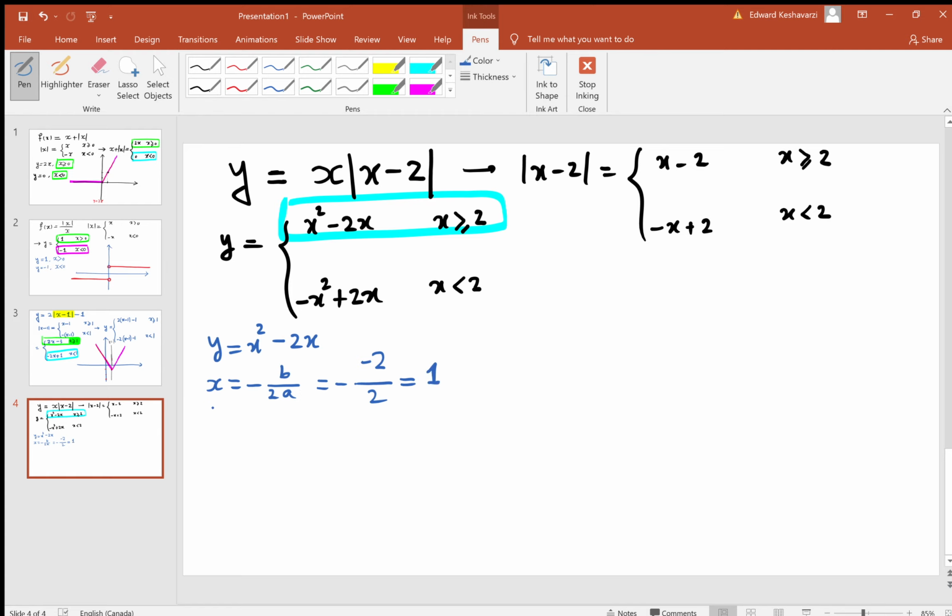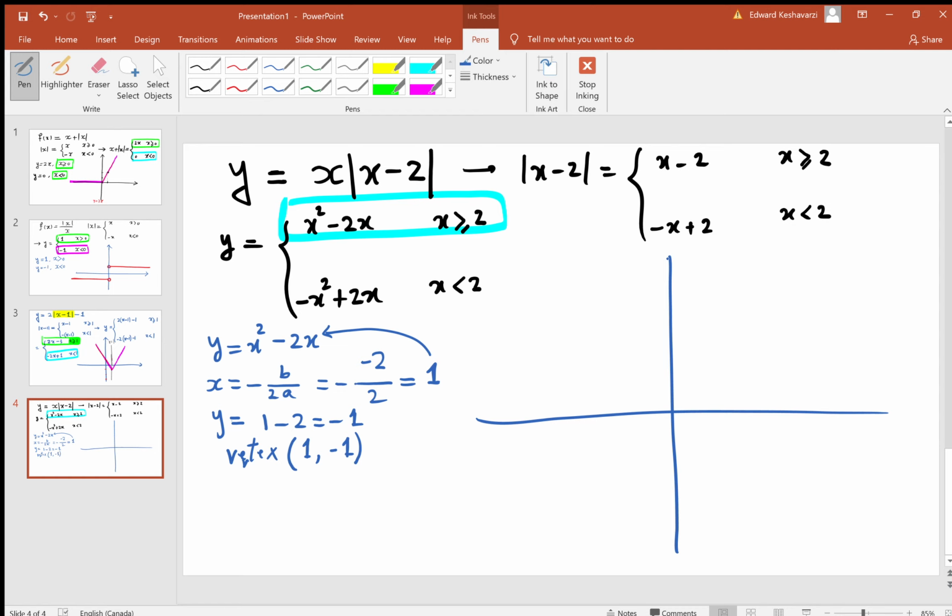Let's plug in x and get y. Once you plug in x here, y becomes 1 minus 2, which is negative 1. Therefore, the vertex has the coordinates of 1 and negative 1.